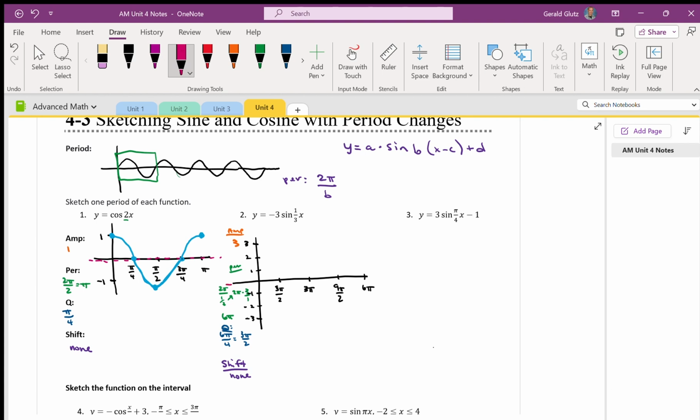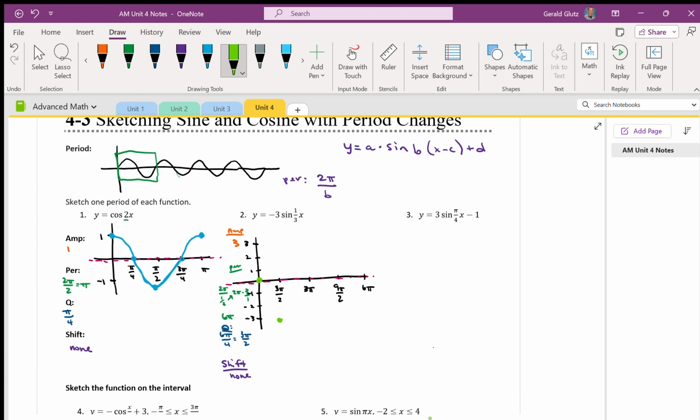The midline is going to be on the x-axis again. For sine, we start at 0, 0, unless it's shifted. This is not shifted, so I'm still going to start at 0, 0. Usually we would go up the amplitude, but because of that negative, that just means we go down the amplitude.